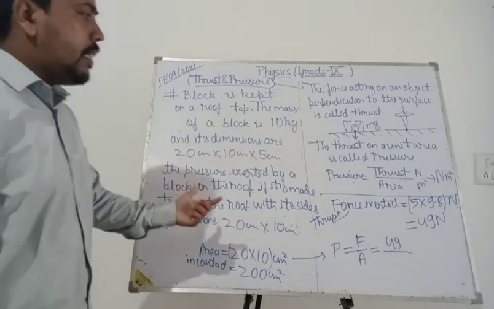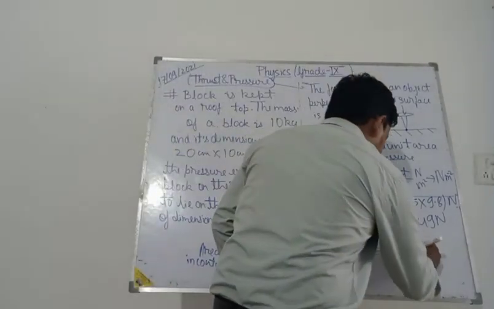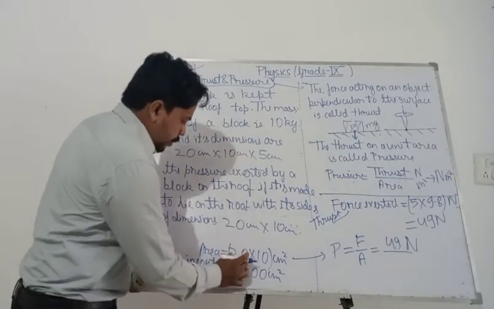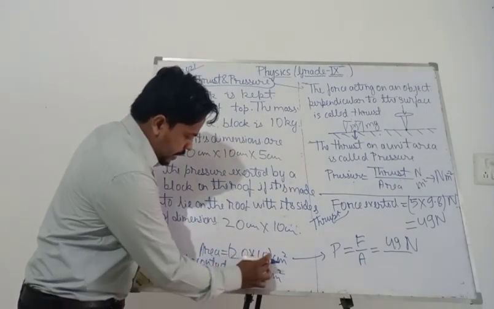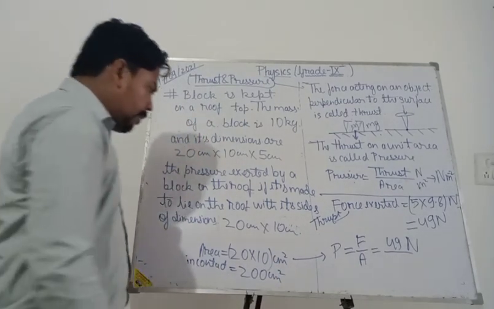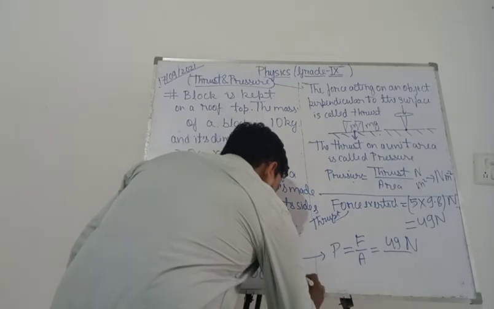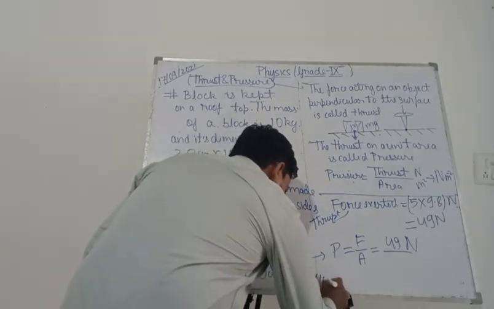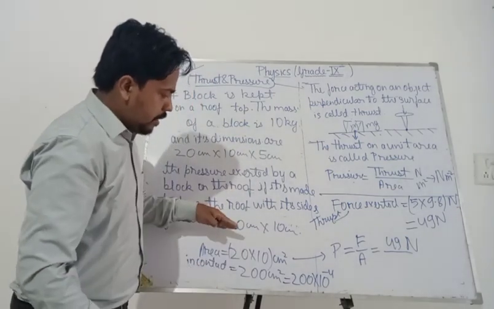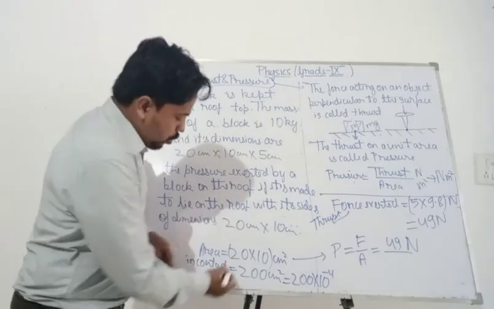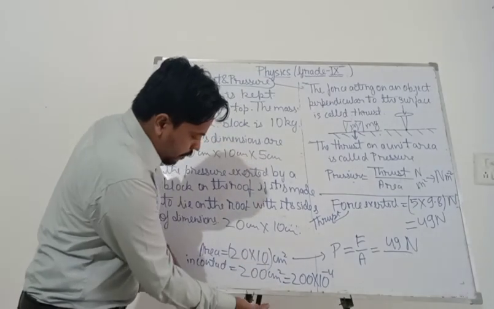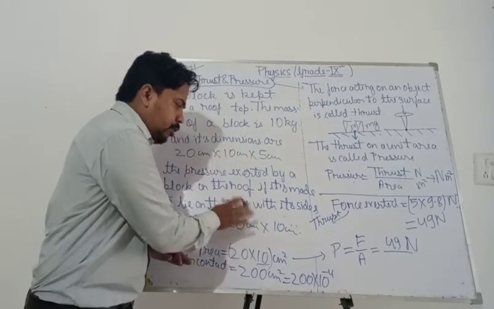But according to SI units, because the force is written in Newton, we have to convert this area into meter square. We divide each dimension by 100, that means we will be multiplying this quantity 200 with 10 to the power minus 4, because 100 goes upstairs as 10 to the power minus 2 for this dimension, and 10 to the power minus 2 for the other.